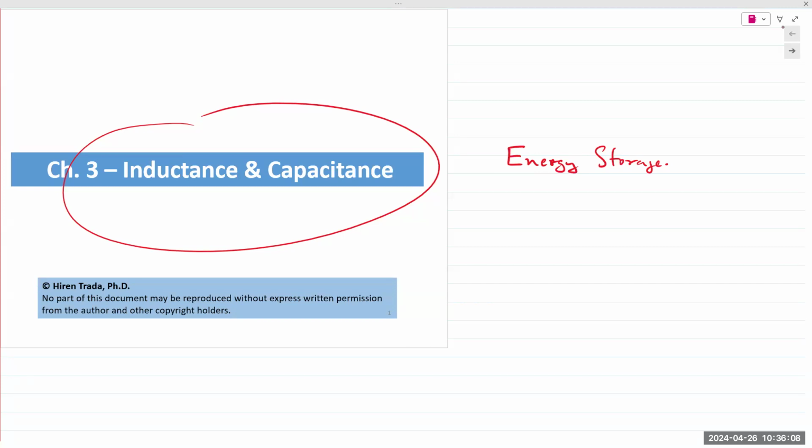So the inductor or the capacitor is the bucket. The electric current that is flowing through the conductor is the analogy for the water or the fluid. The size or the dimensions of the pipe will be analogous to the resistors that are present in the circuit.